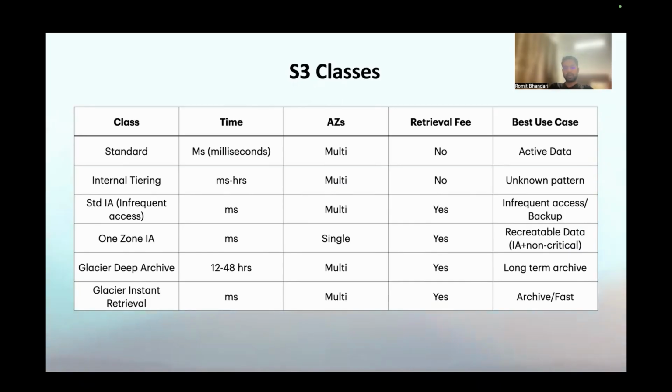And let's look at Glacier Deep Archive. Here the time to retrieve may be a little higher, as it's a long-term archive. Let's say you are not frequently accessing that data, but you still want to keep it stored somewhere, thinking that somebody may ask for it a few years down the line.